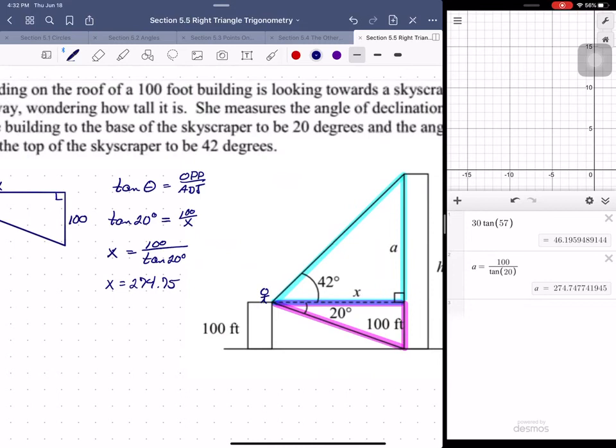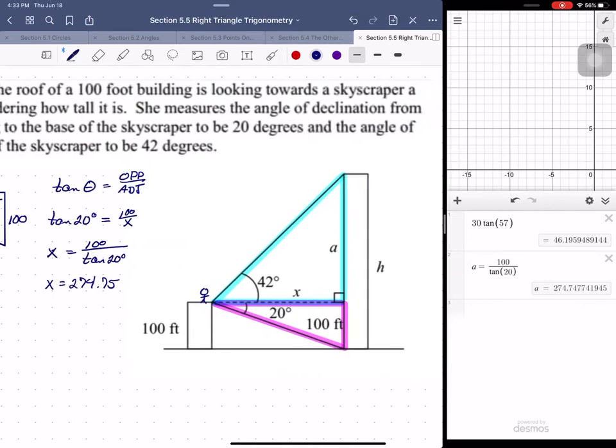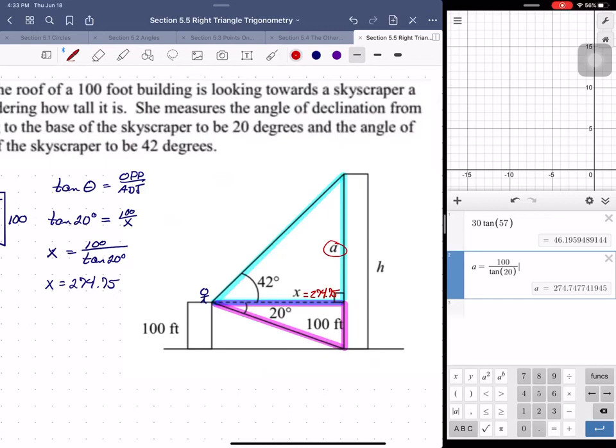Okay, so now, what do I really want? Well, I really want to find the height of that building, but I've got to go through another step. I now know this x is 274.75. I can now use that to find this a. All right, let's use a different label in my Desmos.